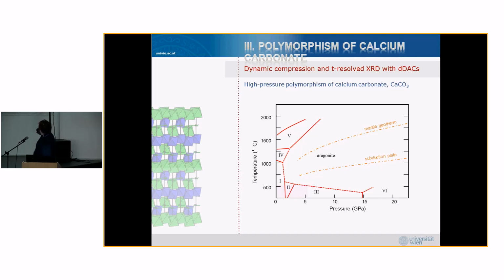And the other extreme is if subduction takes place, you have cold material going down, the pressure is high, but the temperature is low. That means this is the range, basically, where we are talking about if we go into the Earth. But nevertheless, I will focus just on these very low pressure and low temperature conditions, where you may think everything must be known because it's easy to access there.